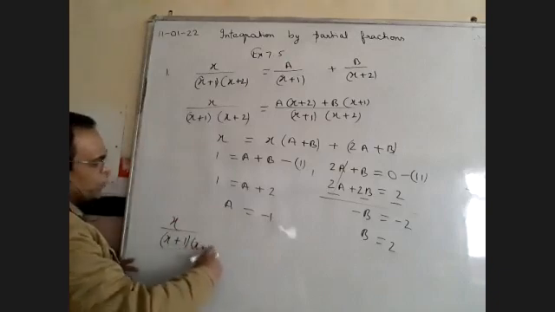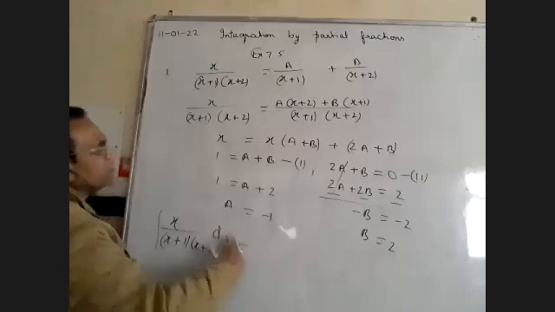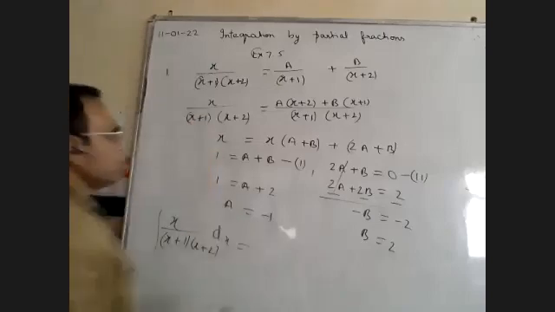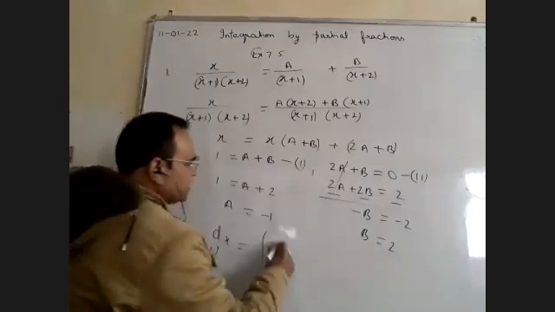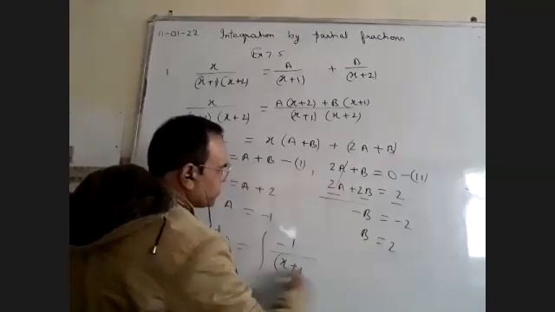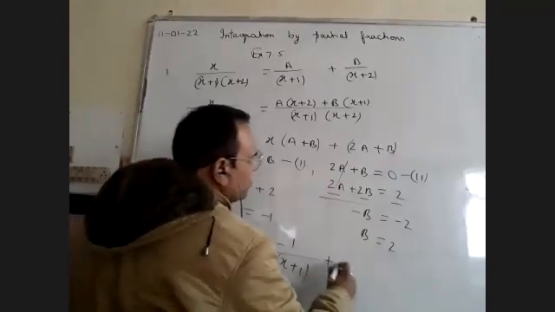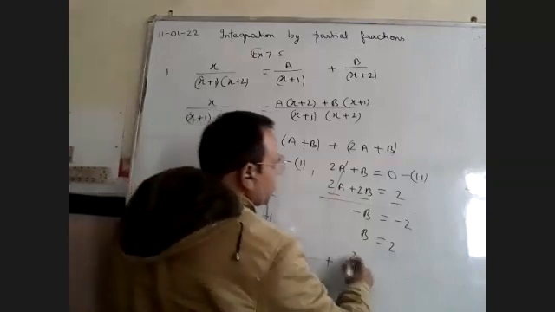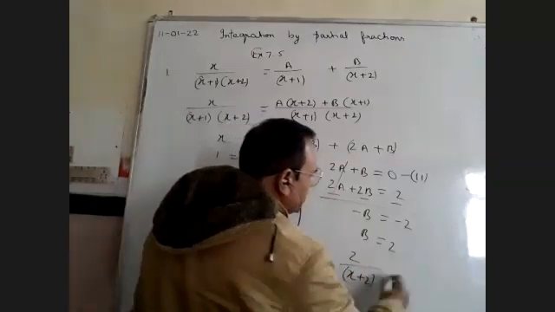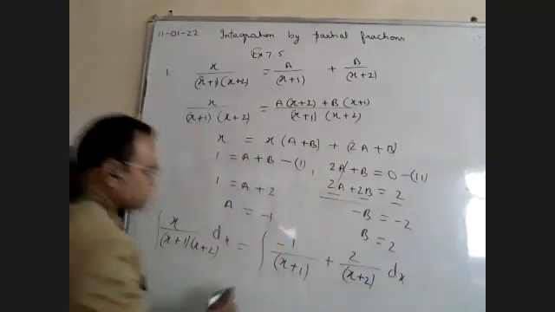Okay, we want to integrate this function. In place of this, we have written a upon x plus 1. What is the value of a? Minus 1. So we integrate minus 1 upon x plus 1, and in place of b we get 2, so 2 upon x plus 2, dx. What will be the integration of 1 upon x plus 1?